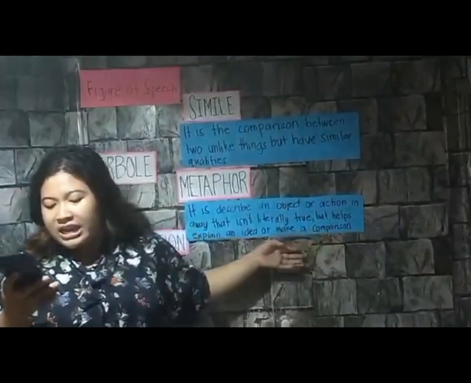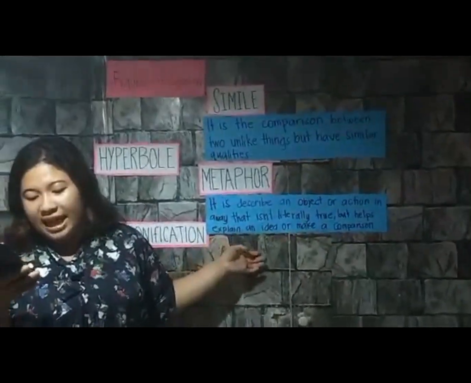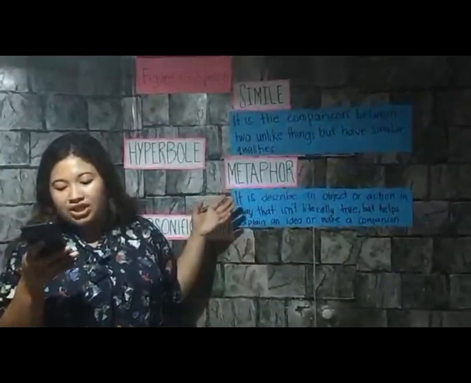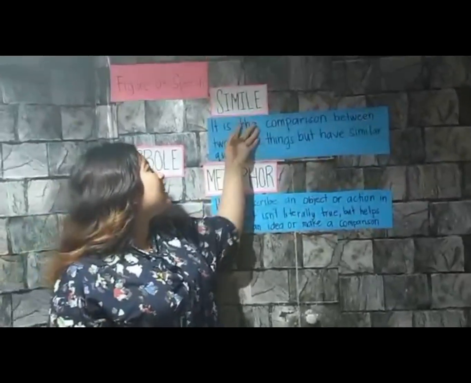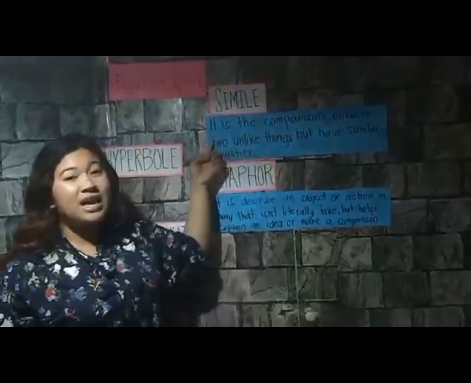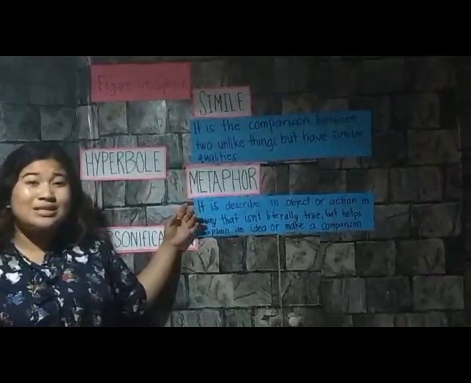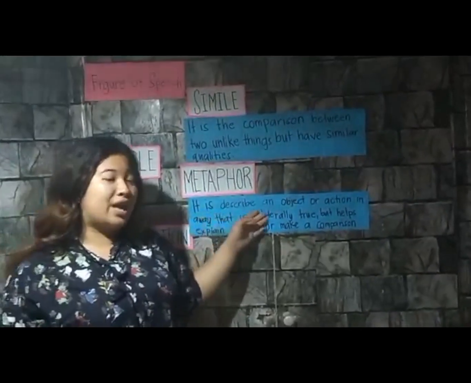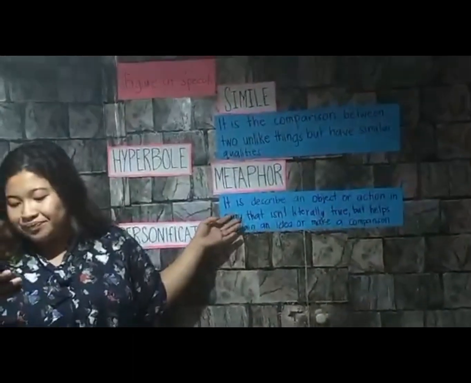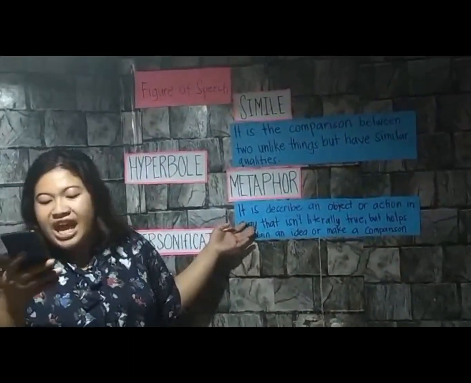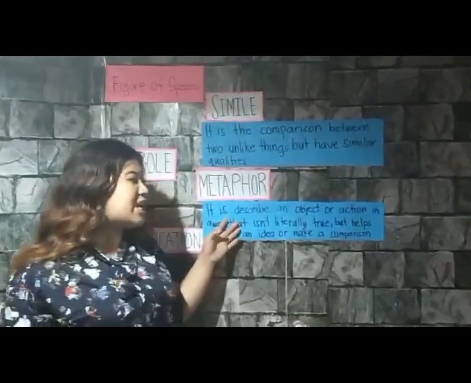So metaphor is also a comparison between two things which are not truly the same, but there is no use of the words like and as. It is not like simile that uses as and like to compare things. In metaphor, we don't use as and like to compare things or persons. For example, she had a heart of a stone.